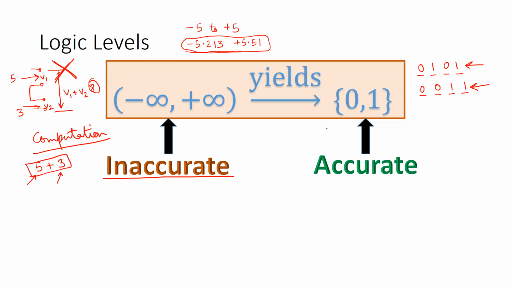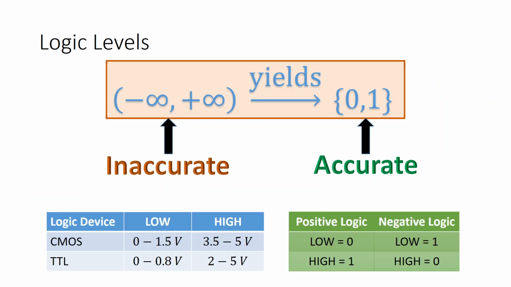Okay, and this is basically simply an assignment. Here we are only concerned about labeling a particular range of voltage as low and a particular range of voltage as high.